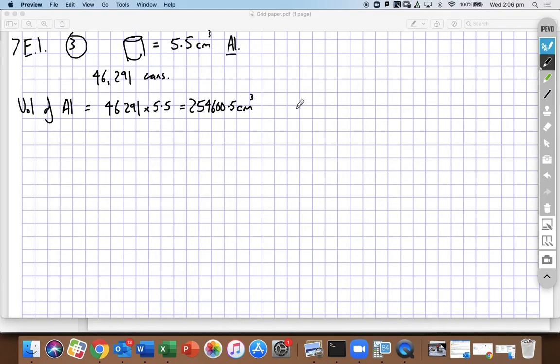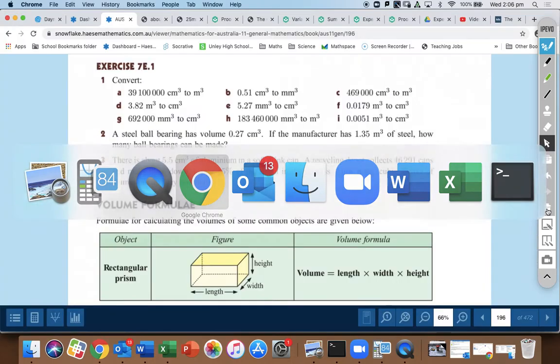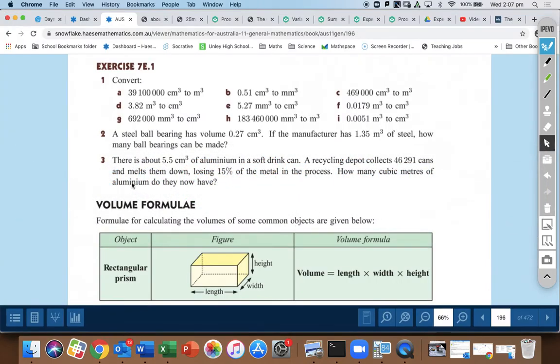All right. Now at this point, the question throws you a little curveball. Let me show you what I mean. They say, during this process where they melt all the cans together and combine them into this block of aluminium, they lose 15% of the metal. All right?